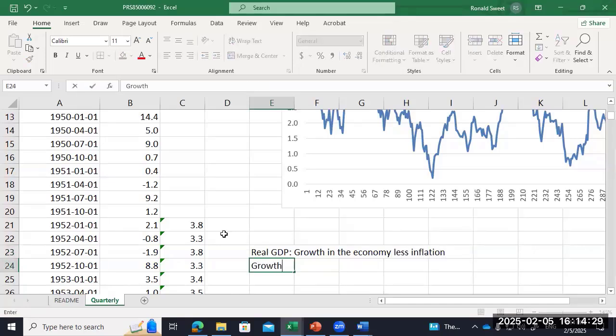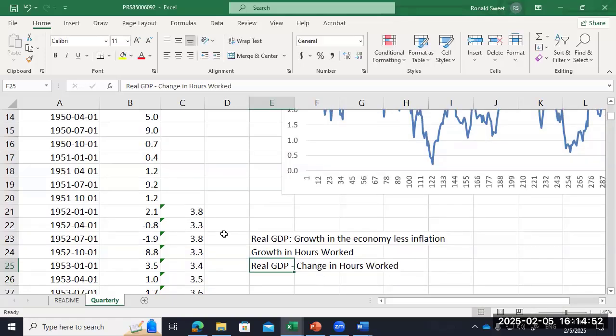You have growth in hours worked. Any guesses what productivity will be using these two numbers? All right, so it's real GDP minus change in hours worked. That's what productivity is.